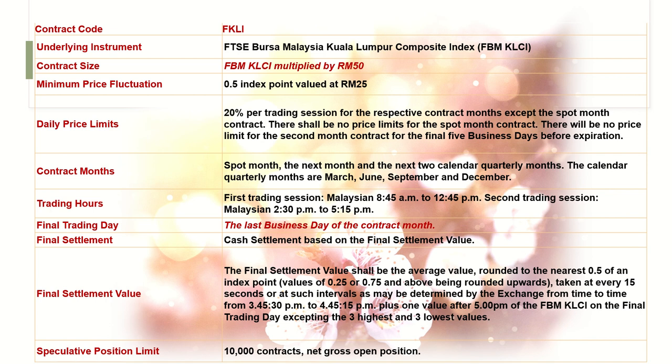Because on Saturday and Sunday the market is closed. And if the 31st falls on Hari Raya or Deepavali, we close on the last business day before the public holiday. So we will close the contract on the 30th, a day before the public holiday.